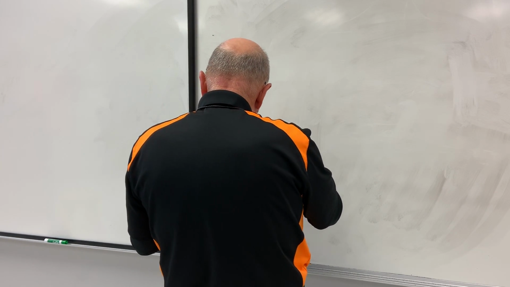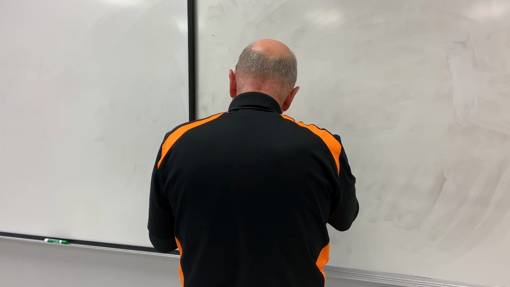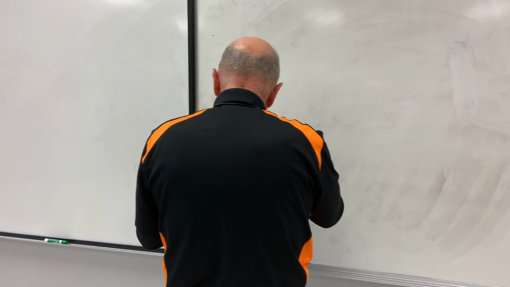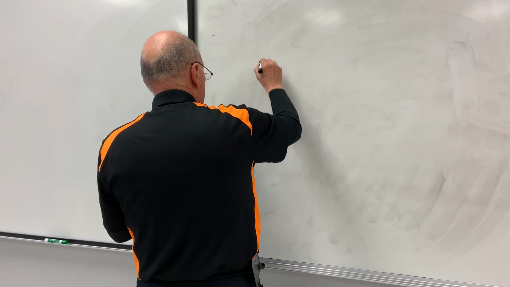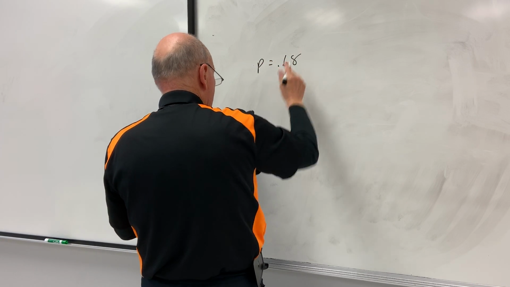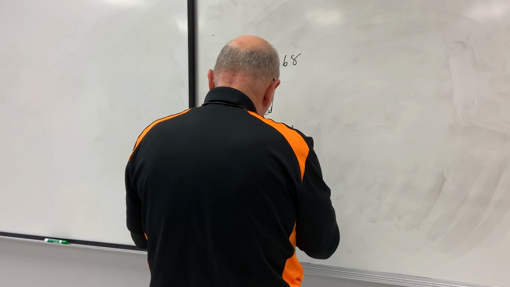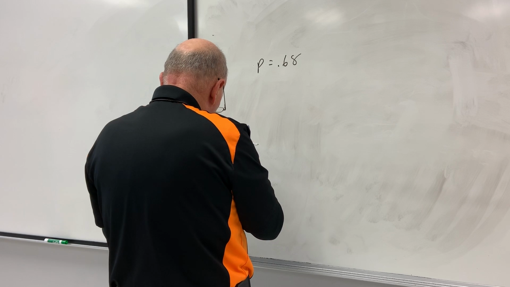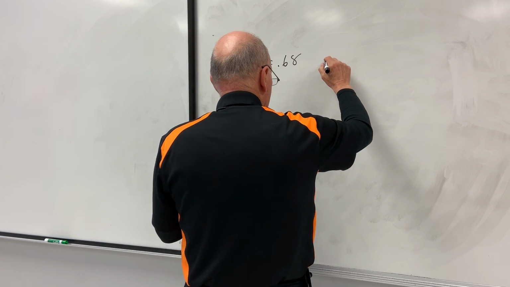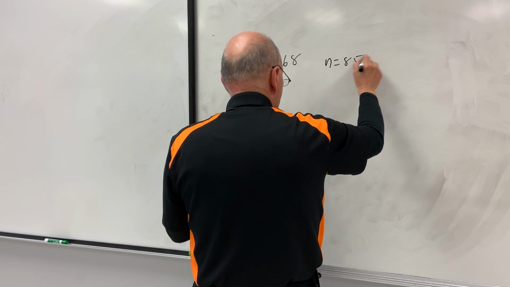The Institute for College Access and Success reported that 68% of the students, so P is going to be 0.68, in a recent year graduated with student loan debt. A random sample of 85, so N is going to be 85.